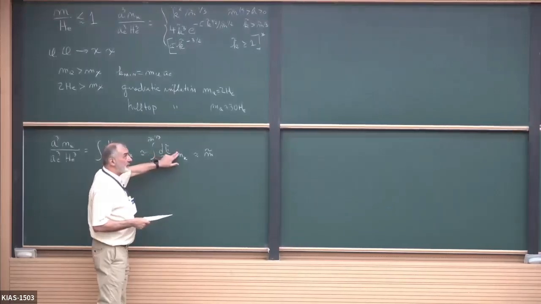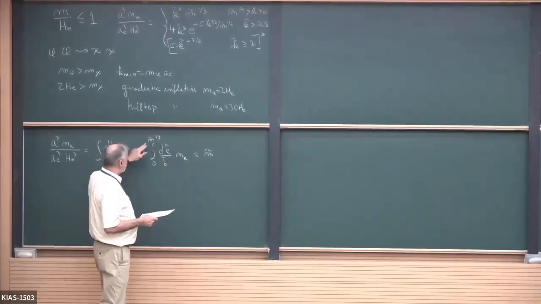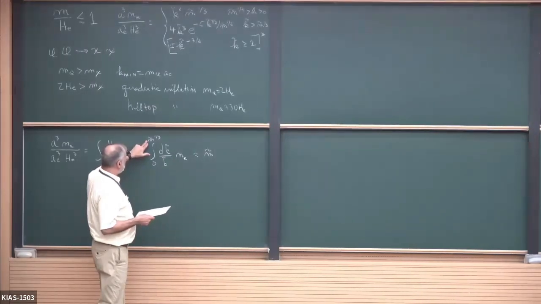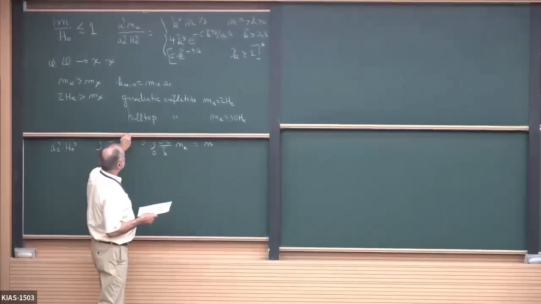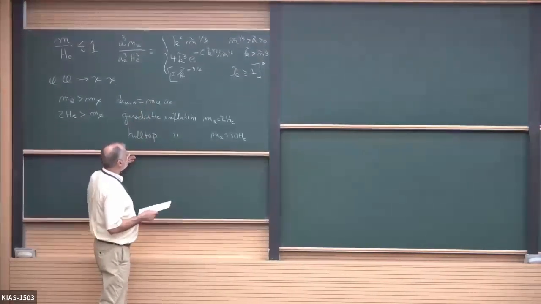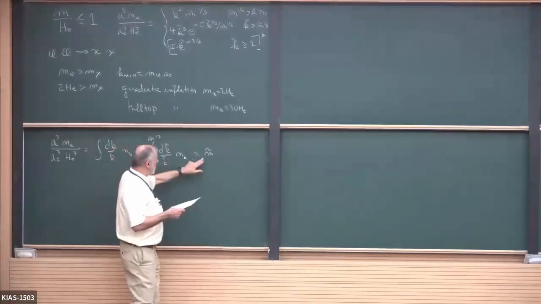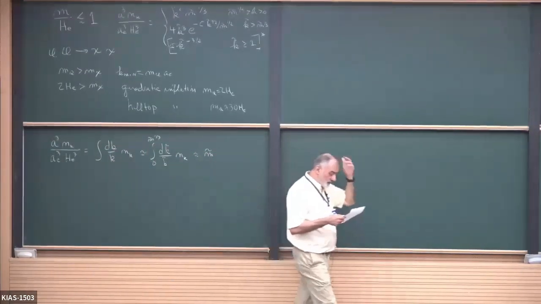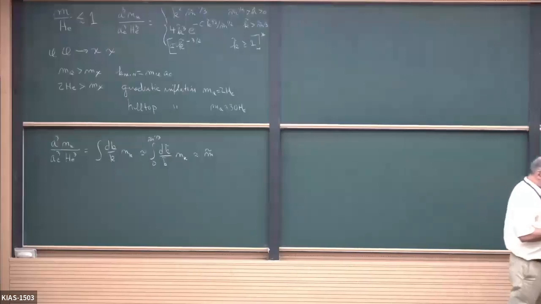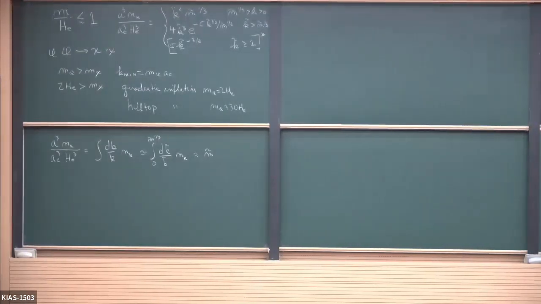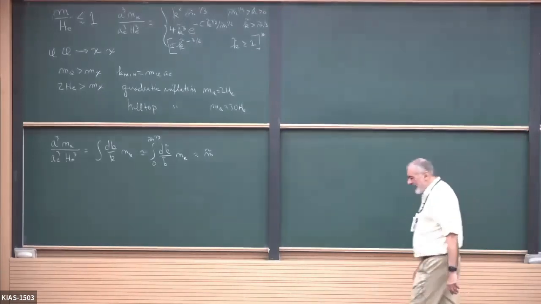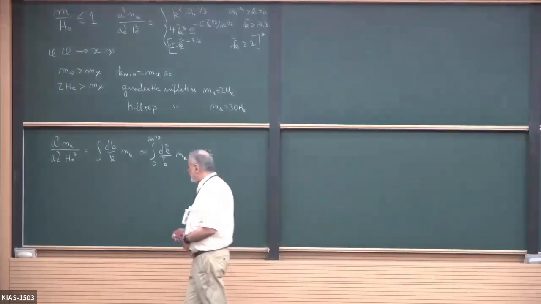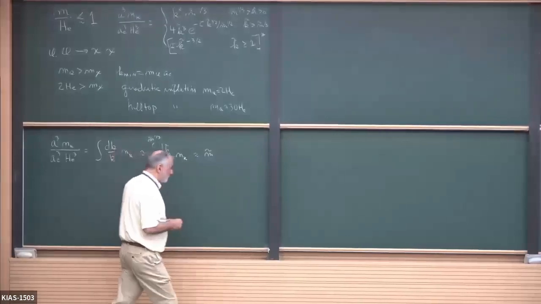Integral dk times k is k squared, evaluated at m to the 1/3 is m to the 2/3, and n sub k has a factor of m tilde to the 1/3. So this just ends up being proportional to m tilde. Now, of course, there are factors of 8 pi squared and things like that in it, but this is what it's proportional to.